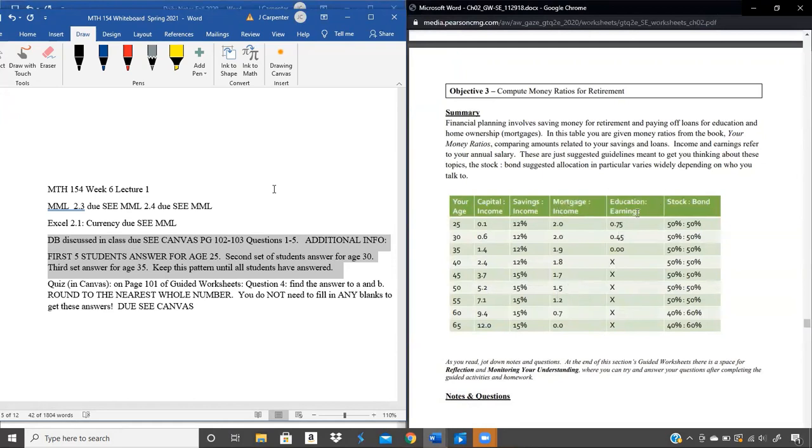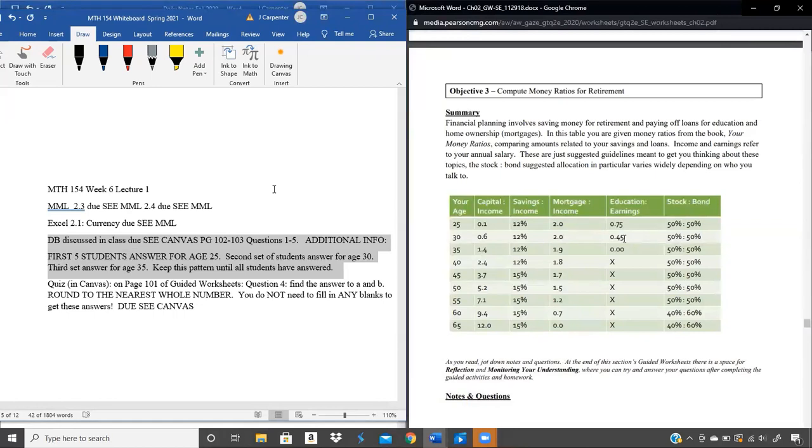Education to earnings. So this is saying the amount of debt you have from your schooling or your continued education or anything. So this is 0.75. So when you're 25, if you made $100,000 a year, that means you could have $75,000 in school debt and, quote, be okay.